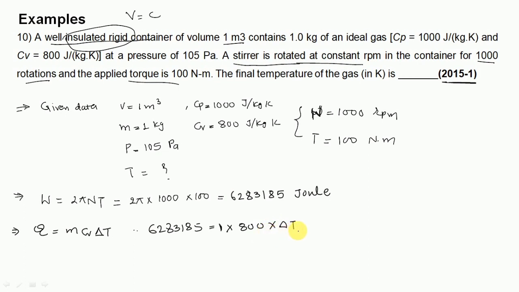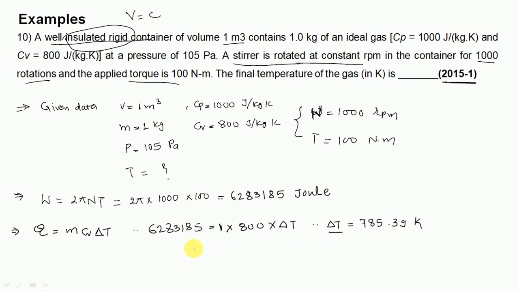So from this relation we can find the value of delta T, and delta T is equal to 785.39. Okay, this is the delta T, but we need to find the final temperature.